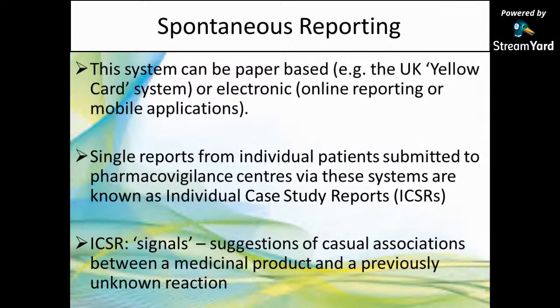The reports in spontaneous reporting are present in two forms. Either it is a hard copy, that is a paper based format, for example the yellow card in the United Kingdom, or it is in soft copy format, for example the electronic format, where the report is submitted through the online mode.